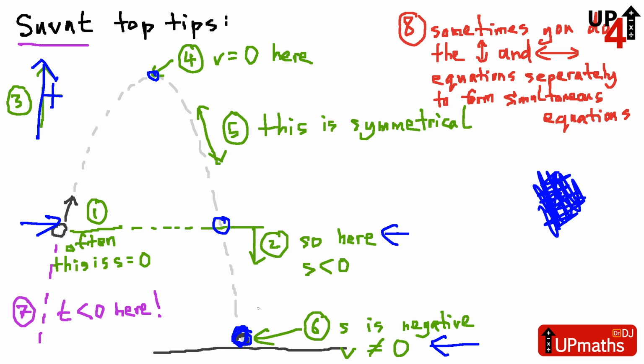You might be thinking, but wait, it's on the ground. If it's on the ground, it has 0 velocity. No, because we're going to be talking about that moment in time just before it touches the ground. Why? Because SUVAT is constant acceleration. And once it starts to make contact with the ground, there's an additional force on it, which means it's no longer constant acceleration.